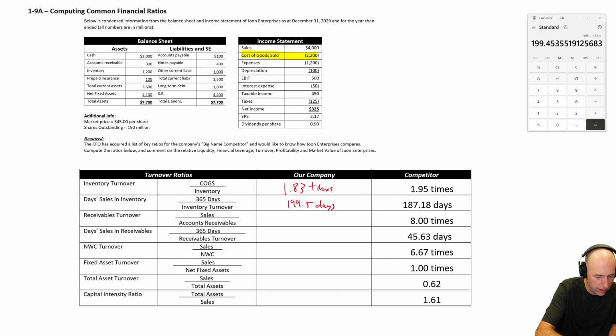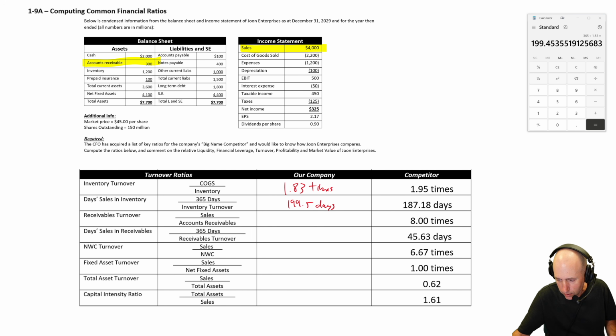Sales divided by AR for receivables turnover. There's our sales. There's our AR. 4,000 divided by 300, 13.33 times.